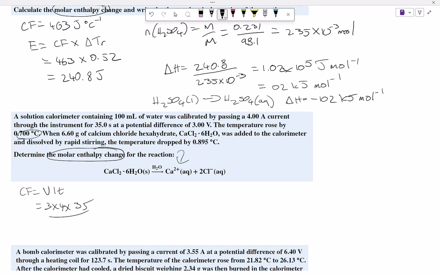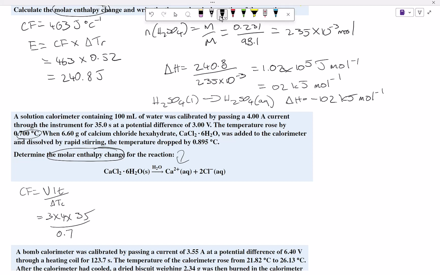So that should be delta T, and that should be 0.7.